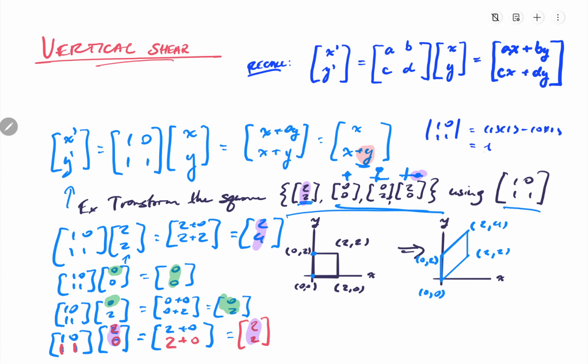It's still equal to 1. That means that the area is still the same. So the area of the square created in the original square is the same as the area in the parallelogram. So maybe I should have used something that wasn't all ones to make it even more of a change, but whatever.